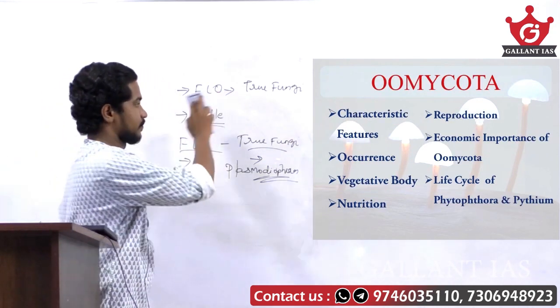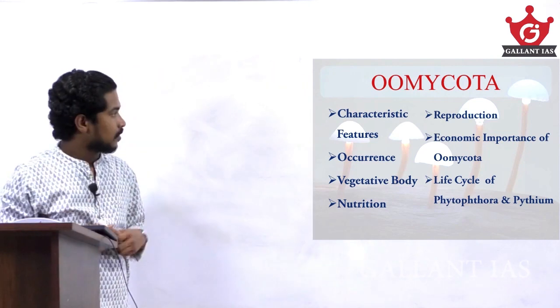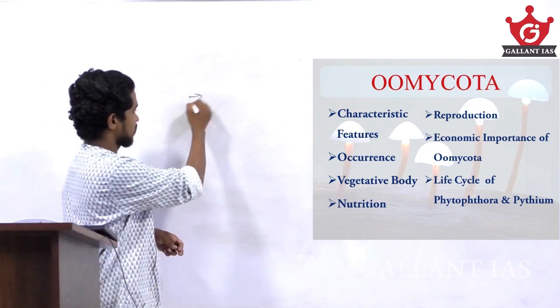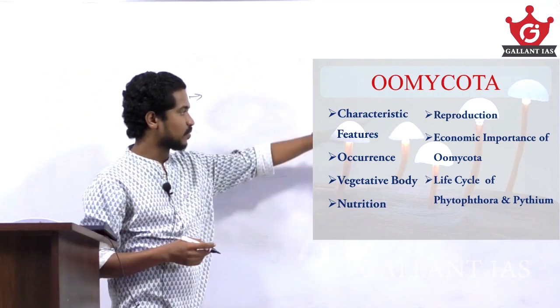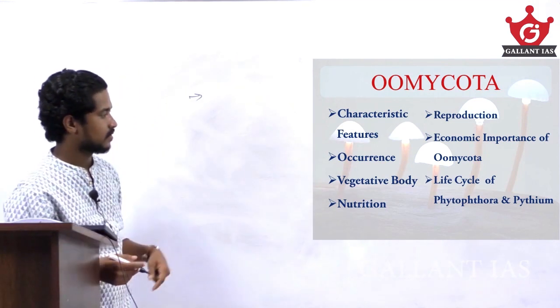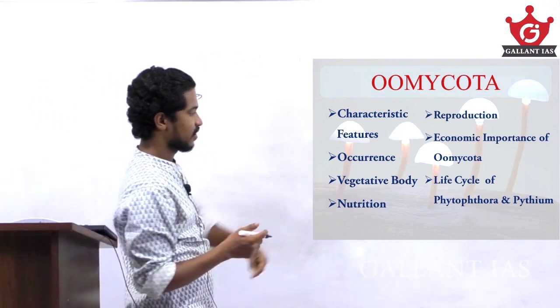And OOMYCOTA. Again the same things: characteristic features, occurrence, nutrition, vegetative body, reproduction, economic importance of OOMYCOTA, and the life cycle of Phytophthora.